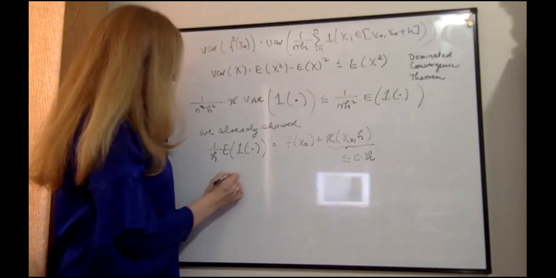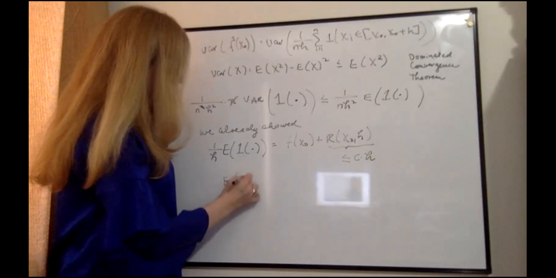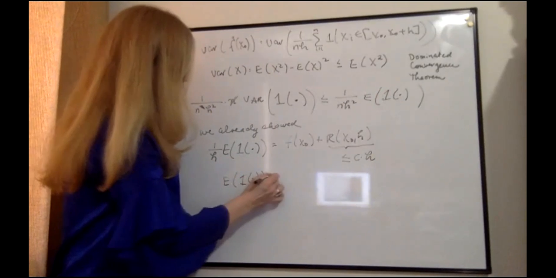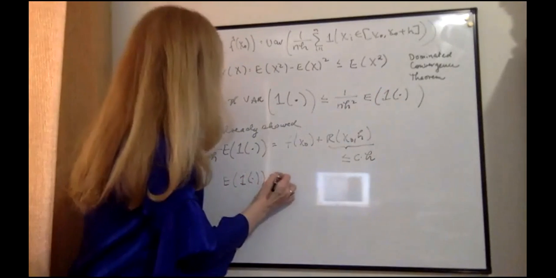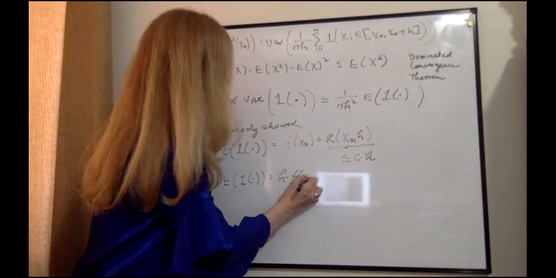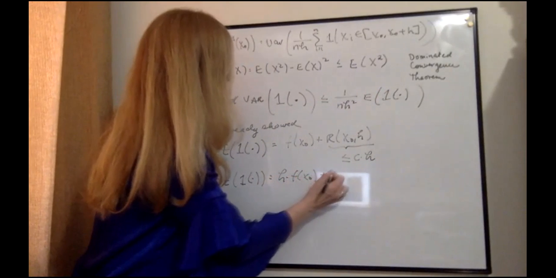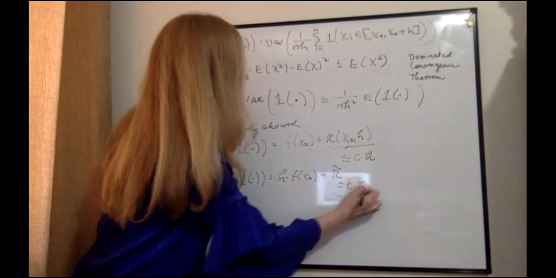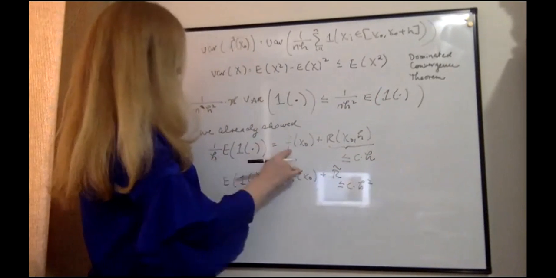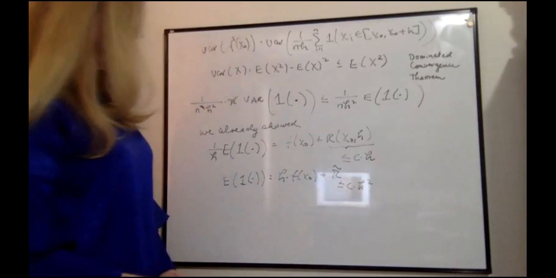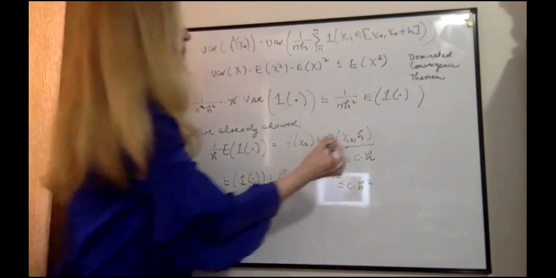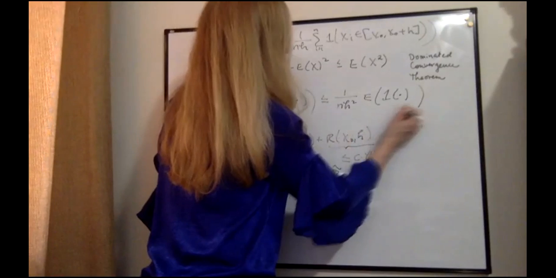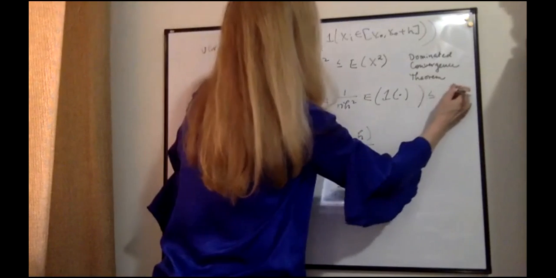So this by itself would be like h times f of x naught, plus some remainder term which is bounded by h squared, because we're multiplying everything by h here. So this part here is bounded by some constant term.